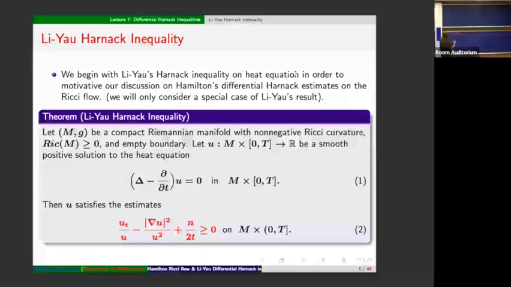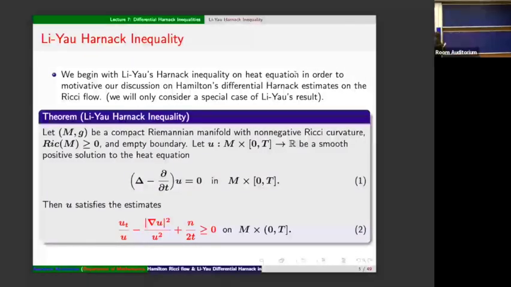Originally, in the paper of Li-Yau, it is on a manifold with boundary, and they impose some convexity condition on the boundary, where the Neumann boundary condition is imposed together with the heat equation. But in this case, we just have M compact, and the condition on M is that the Ricci curvature of M is non-negative.